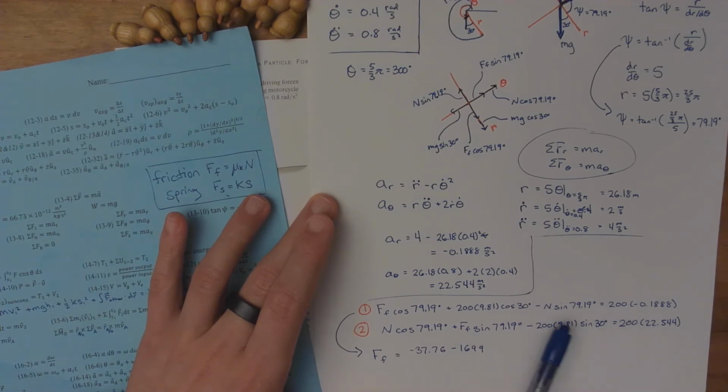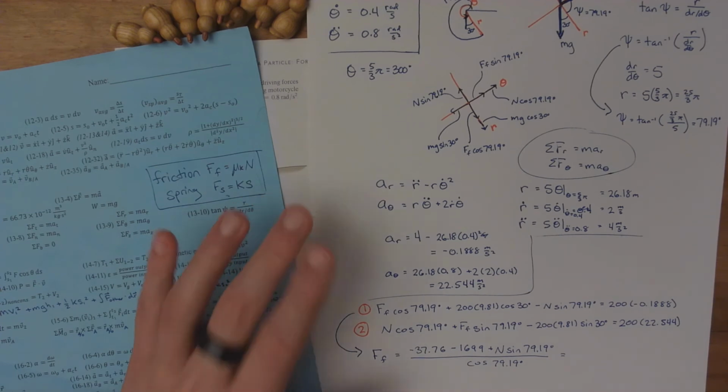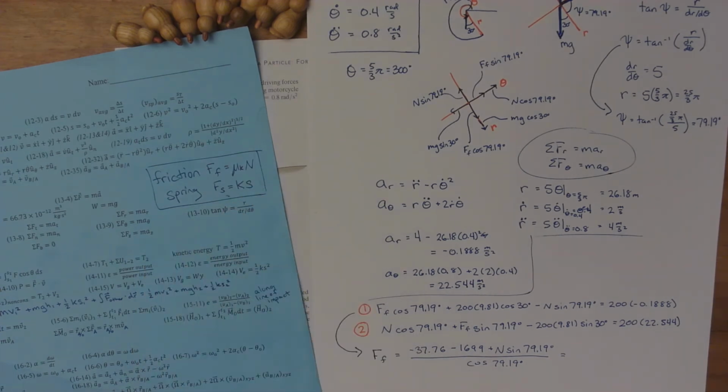And I have to bring the minus n times sine of 79.19 degrees over to the other side. So that's plus n times sine of 79.19 degrees. And then I have to divide by cosine of 79.19 degrees. Do we have to simplify it? I guess we just leave it like that for now.